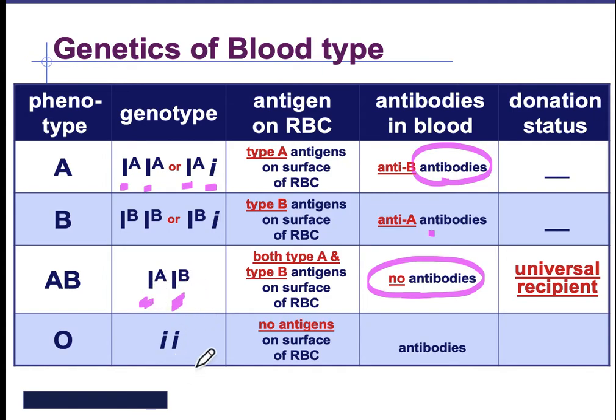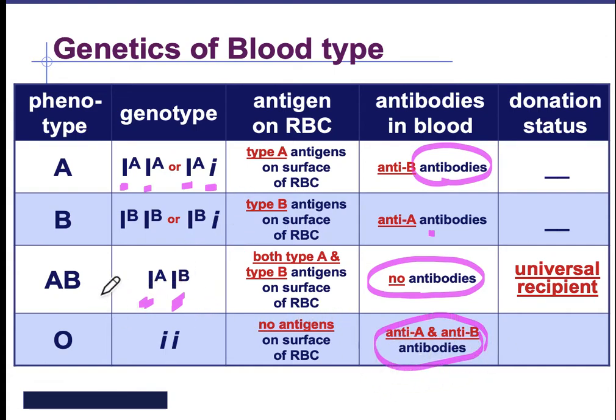But if you have half of your alleles as an i, like they are up here for the Bs, we just say the blood type is B. We kind of ignore the O. Nobody goes around saying, I have BO blood type. Okay. This means this guy also has anti-A and anti-B antibodies. So he carries both sets of antibodies.